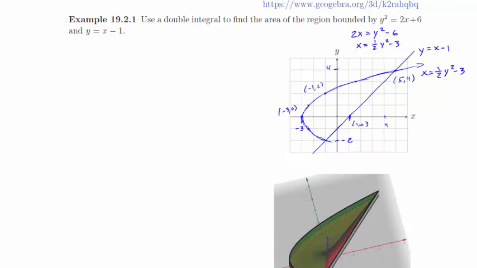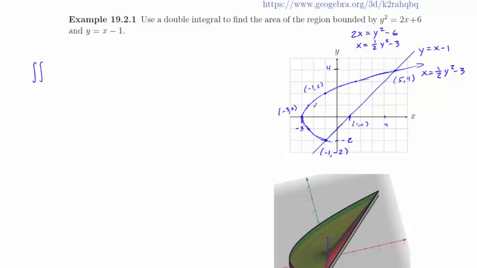So if we wanted to set up a double integral in order to find the area of this, we could do this a couple different ways, but I want to integrate in the x direction first. Oh, I need to label this point -1, -2. That's definitely going to be a key point here.